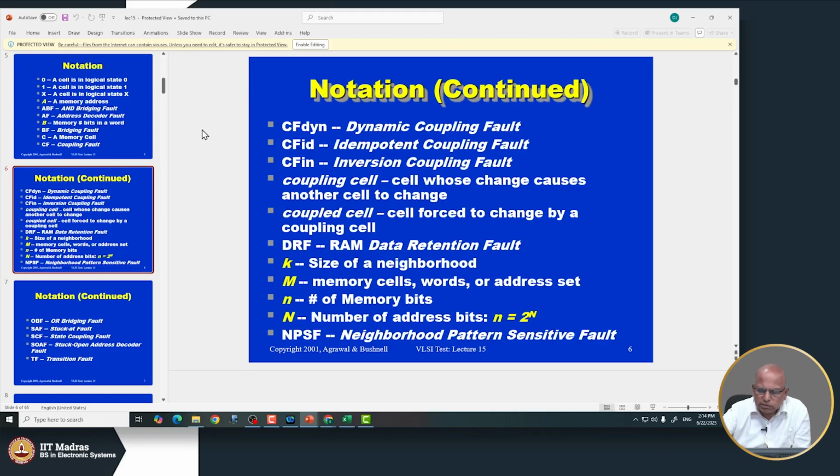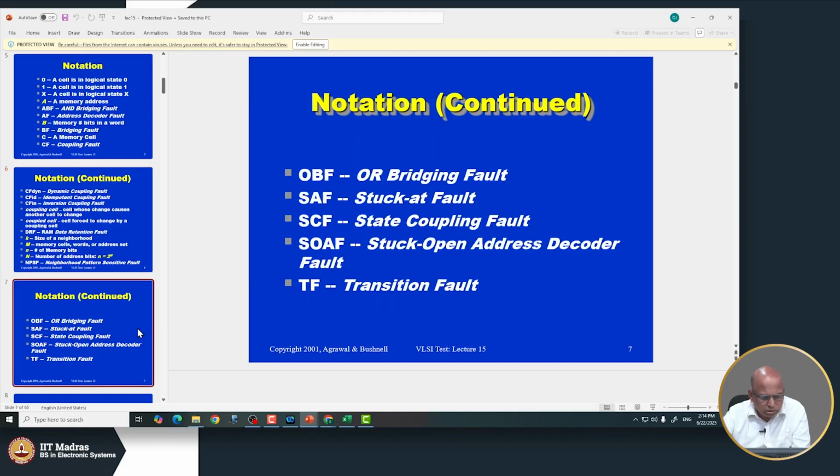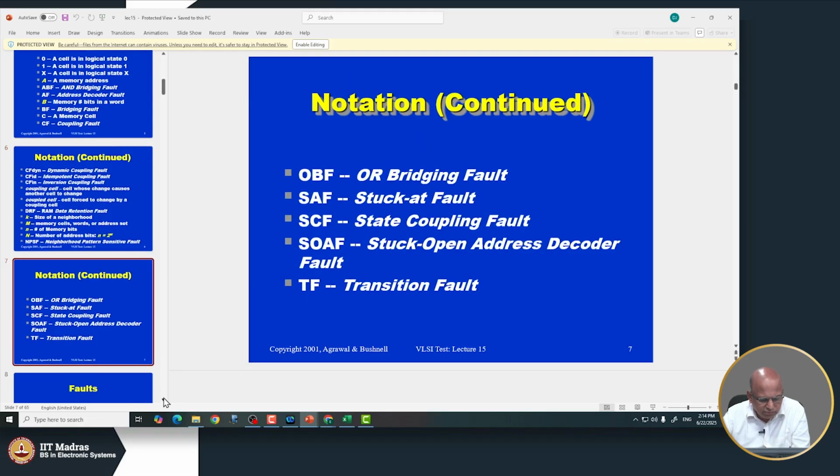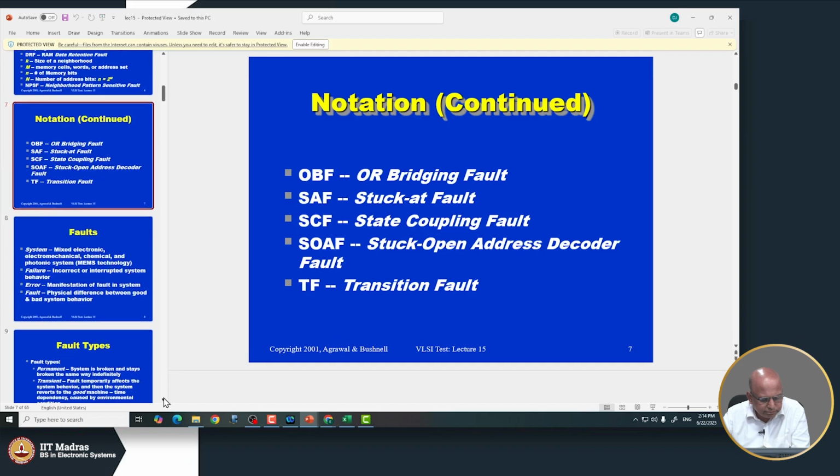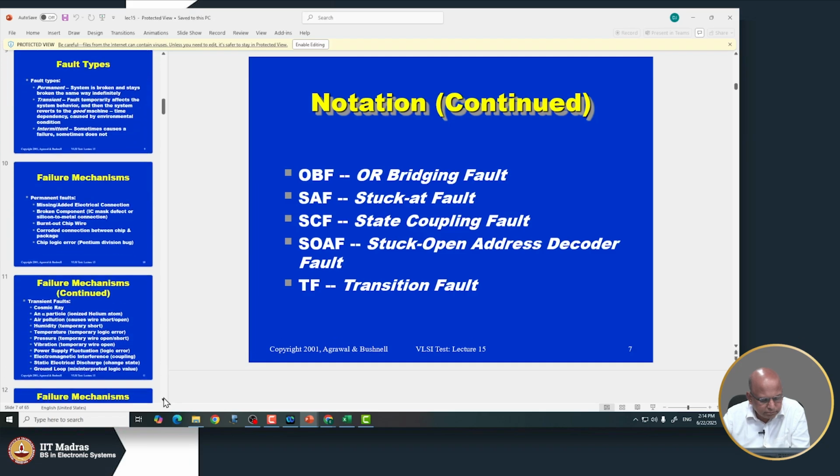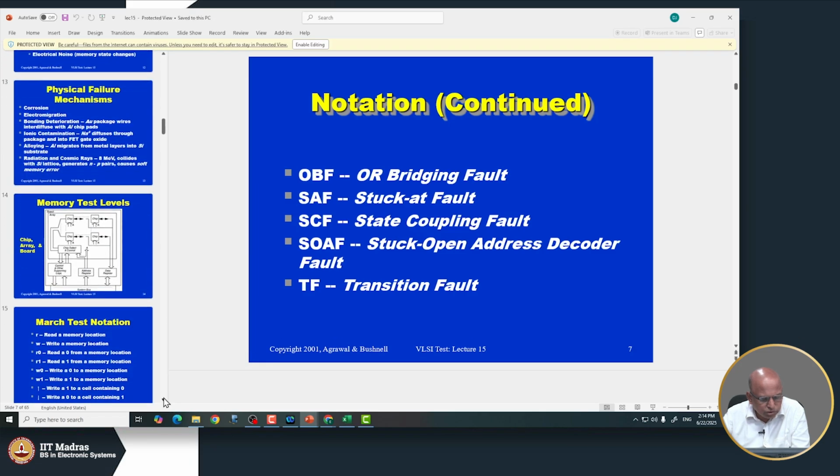There could be a dynamic coupling fault, idempotent coupling fault, inversion coupling fault. It is all up to you how many kinds of faults you are willing to define. So, let us go through some of these.